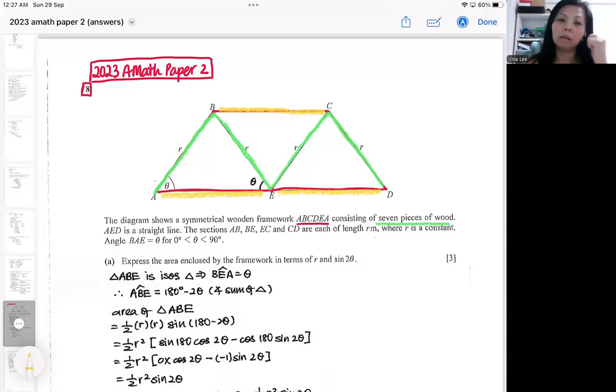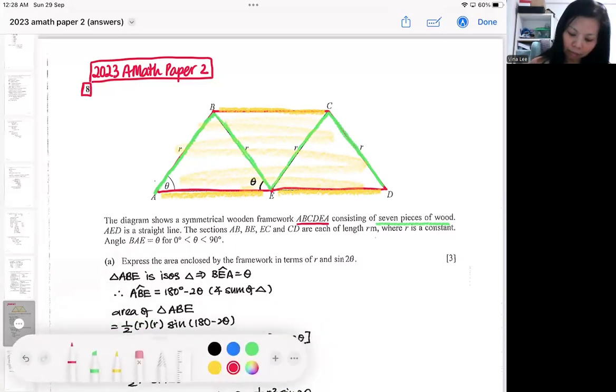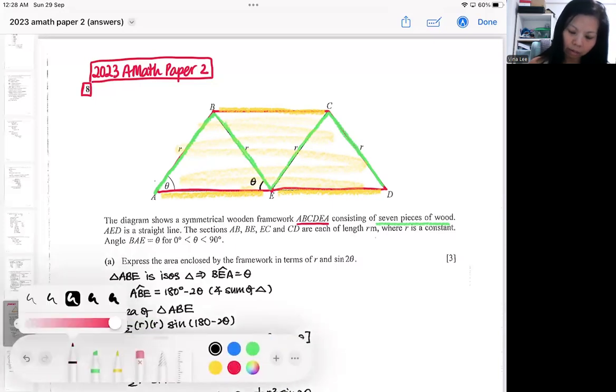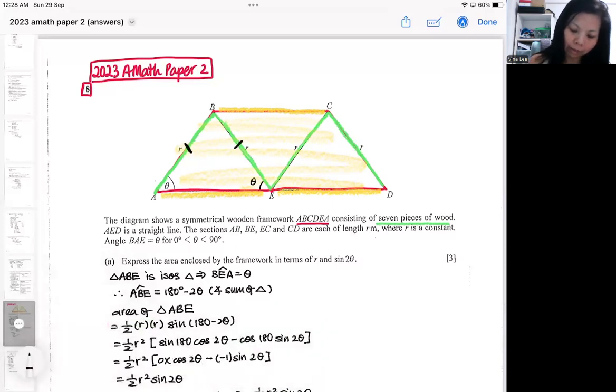Okay, and then the area enclosed by the framework, that means essentially this whole area, which is 3 triangles. And you should realize that you are dealing with 3 isosceles triangles. So you can just do a half AB sine C. So that's what I'm doing.